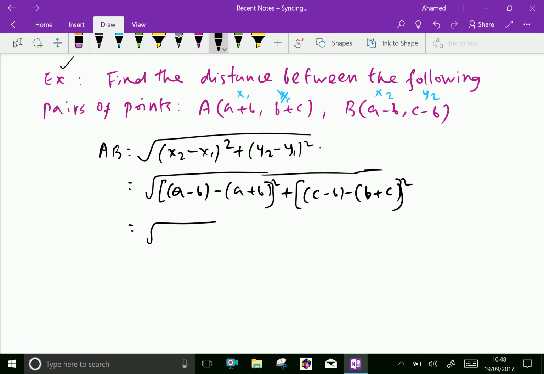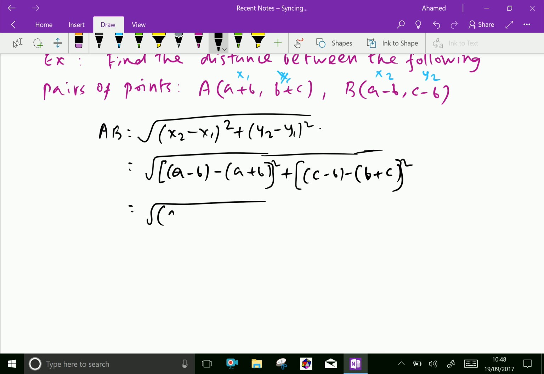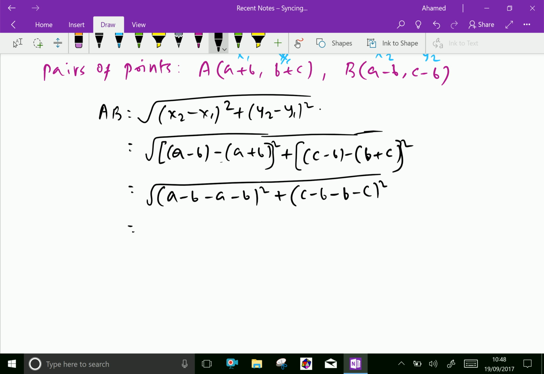Here by simplification, (a minus b minus a minus b) whole square plus (c minus b minus b minus c) whole square, which is equal to, a and a cancel, square root of (minus 2b) whole square plus, c and c cancel, (minus 2b) whole square.